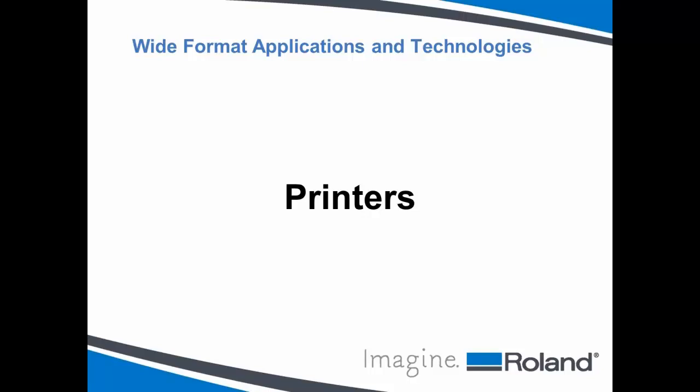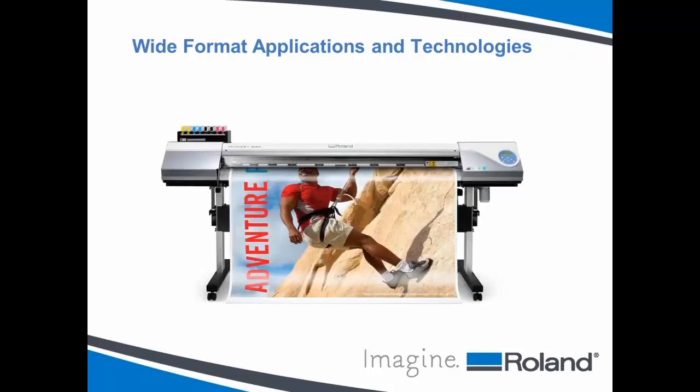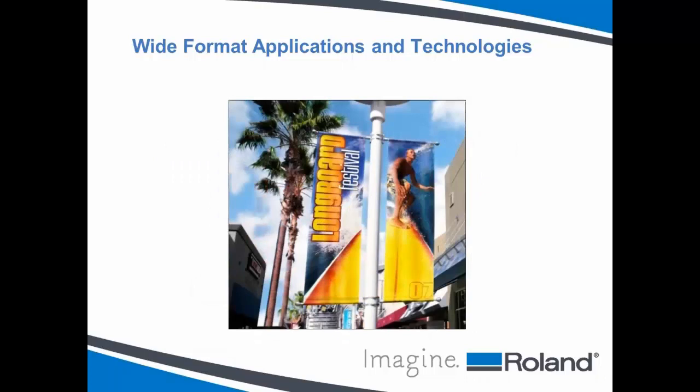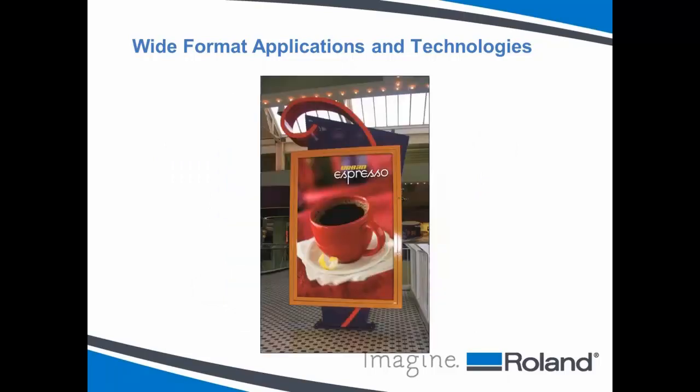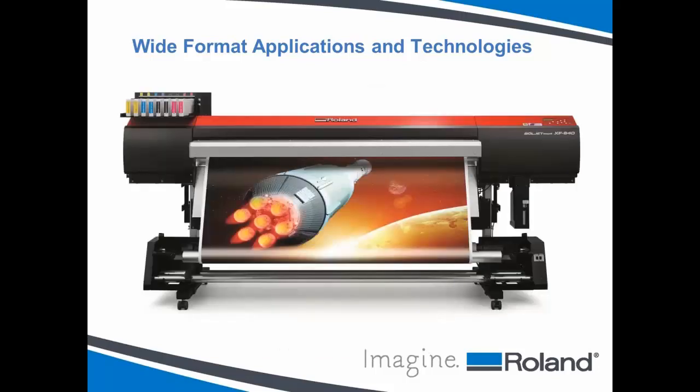But let's go ahead and talk about Roland's offering for printers. These are print-only devices. We do have print and cut devices as well. This is Roland's RE640. It's a 64-inch wide printer. It is great for doing banners, great for backlit displays, and on our higher production, this is our XF640.